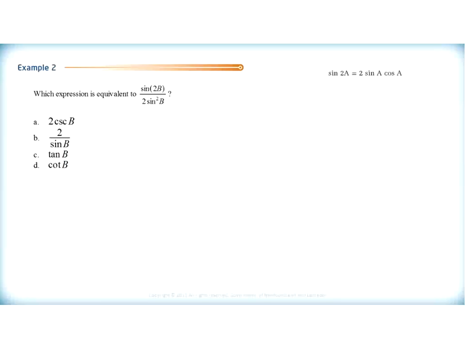Example 2. Which expression is equivalent to sine 2b over 2 sine squared b? Again, as soon as you see the sine 2b, you need to recognize that's a double angle identity, and I need to replace the sine of 2b with 2 sine b cosine b divided by 2 sine squared b.